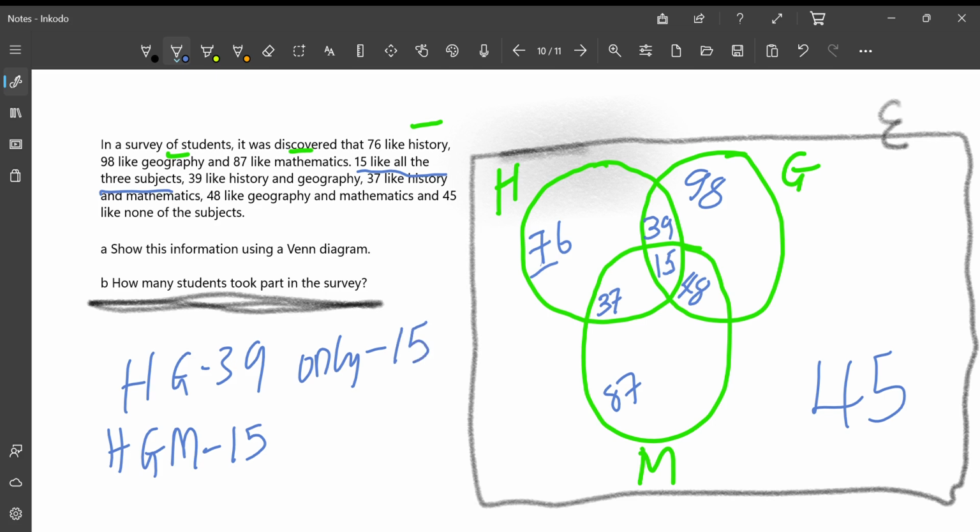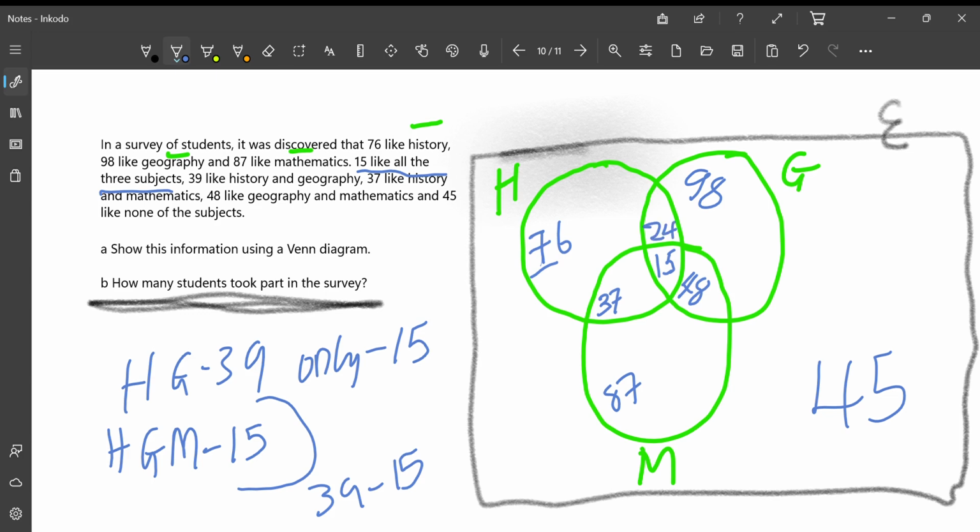Those 15 students are the ones that like history, geography, and maths. I want only history and geography. So I'm going to have 39 minus 15 students, which means that this inner box here of 39 students is supposed to be, I'm going to write 15 here. Sorry, 39 minus 15, which is 24.